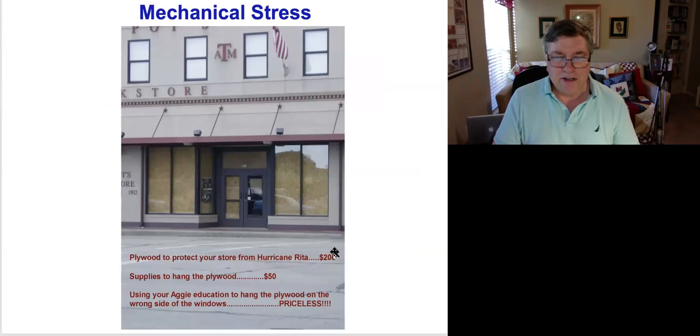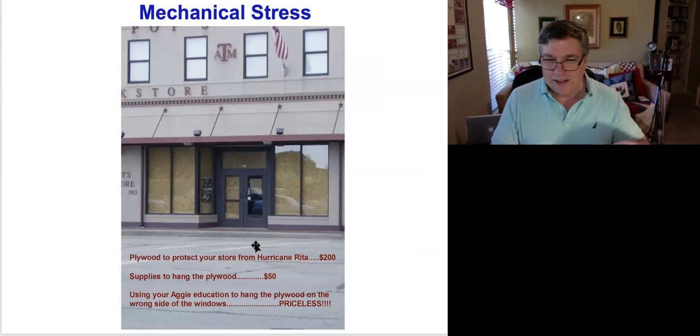With mechanical stress, you do have to watch out sometimes after we get past the coronavirus. Hopefully, we won't have much of a severe season this year. Hurricanes, tropical systems will stay away. If one does come, make sure you put your plywood on the outside instead of the inside.